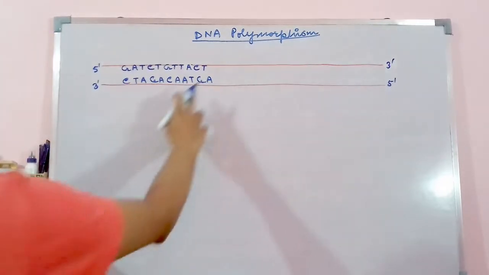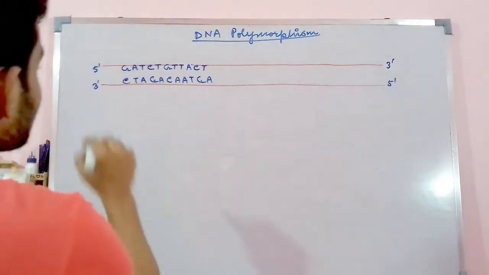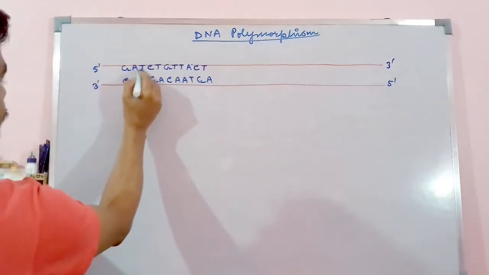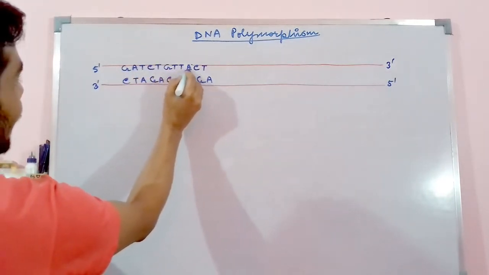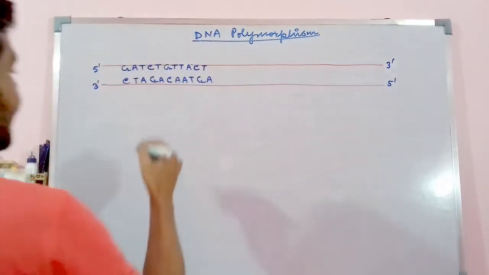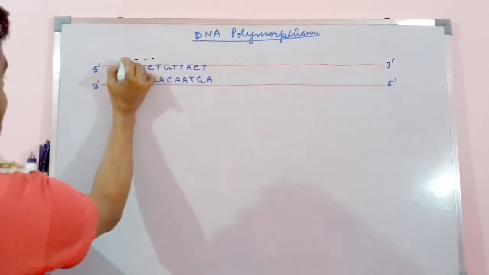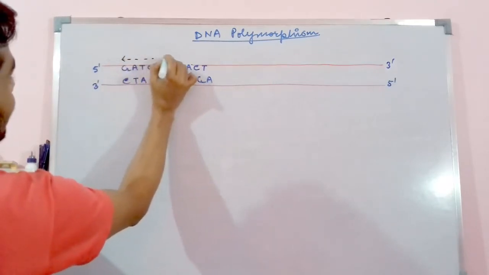So this is the complementary nucleotide sequence. Now you see there are 1, 2, 3, 4, 5, 6, 7, 8, 9, 10, 11, so 11 base pairs present.